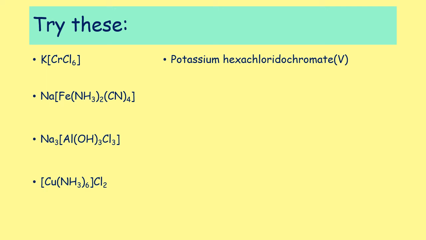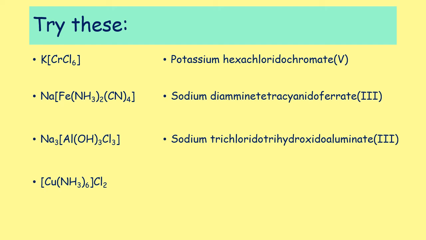We've got 2 amines, we've got 4 cyanidos, so it is sodium diamine tetracyanidoferrate because it was negatively charged. Now we know it has a -1 charge. Ammonia is a neutral molecule, so doesn't contribute anything towards that. So iron minus the 4 cyanides equals -1, so iron must be 3. Sodium diamine tetracyanidoferrate 3.